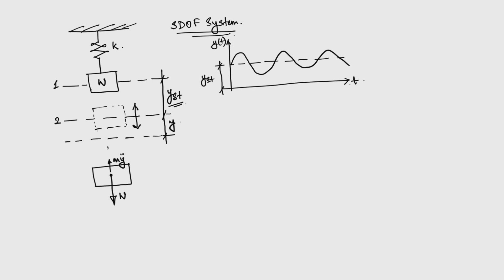And then there will be a spring force also, that is K times y st plus y. Now, the moment we identify all the components, again in this case summation F of y will be equal to 0. So, if that is the condition, then we can write down the equation of motion. So, in this case m y double dot plus k times y st plus y is equal to W.